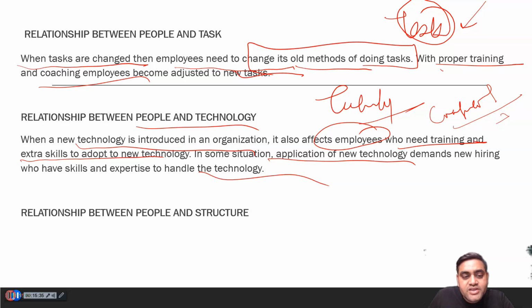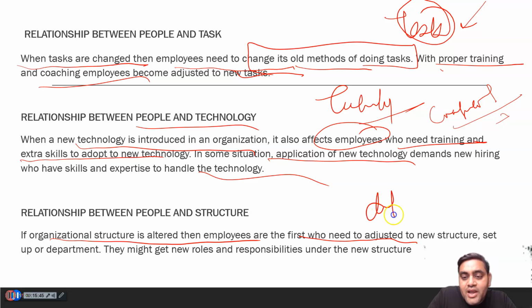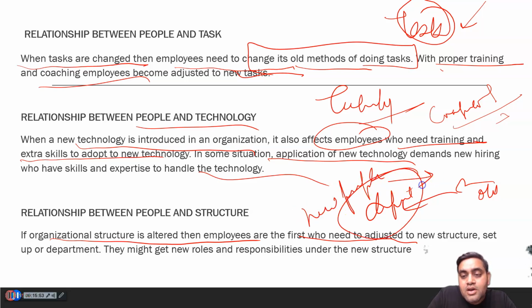Third is the relationship between people and structure. If any organizational structure is altered, the employees are the first ones who need to be adjusted. Because if you are creating a new department, the people have to shift from the older department to the new department. Or if you are bringing new people into the organization, that will also bring change in terms of autonomy, authority, delegation, responsibility, and task.